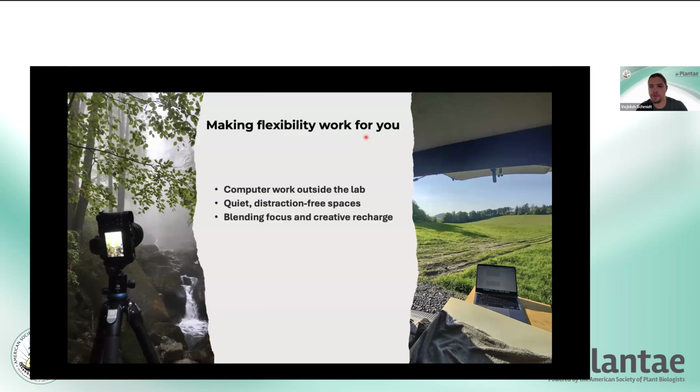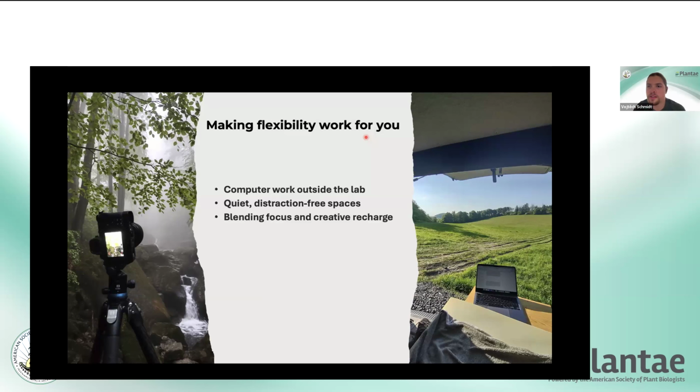So what works for me is to leave and go to a place which is quiet and distraction free. It works for me very well, and I'm also in an environment where I can do one of my hobbies, which is photography. So you can blend the two together, being both productive and also recharging creatively.